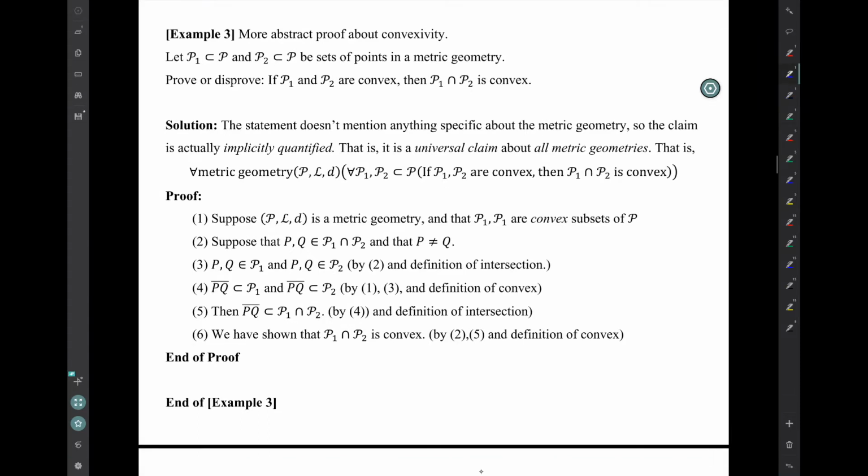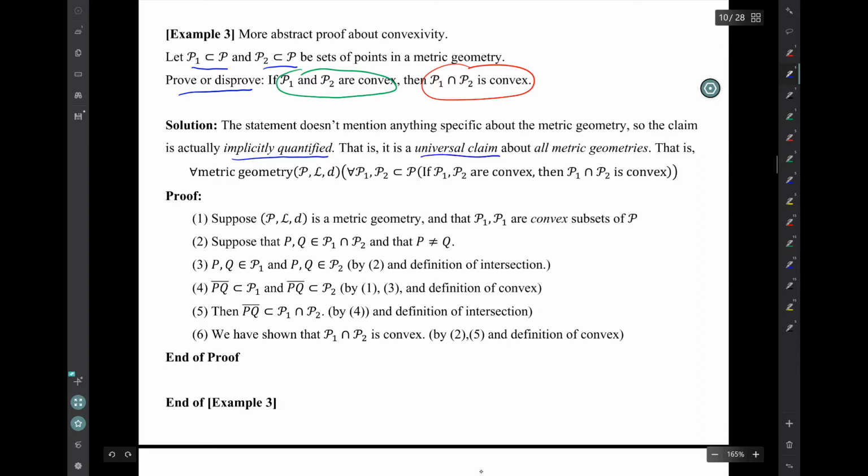Example 3. Let P1 and P2 be sets of points in a metric geometry. We need to prove or disprove: if P1 and P2 are convex, then P1 intersection P2 is convex. This statement doesn't mention anything specific about the metric geometry, so the claim is actually implicitly quantified.